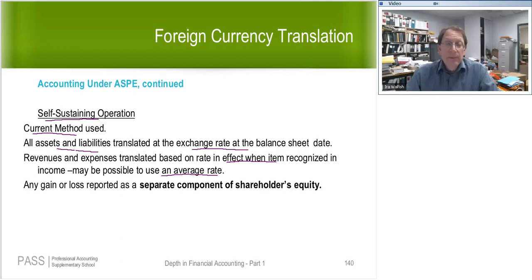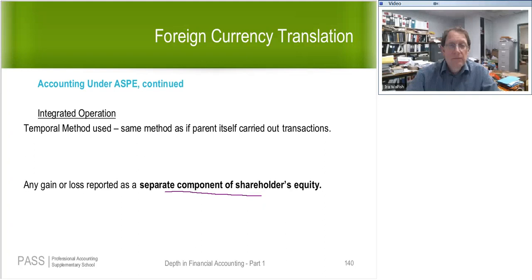Where does the gain or loss go? A separate component of shareholders' equity. That is the current rate method for a self-sustaining operation. A different method of translating, and the gain or loss does not go to the P&L. It goes to shareholders' equity. Fine.